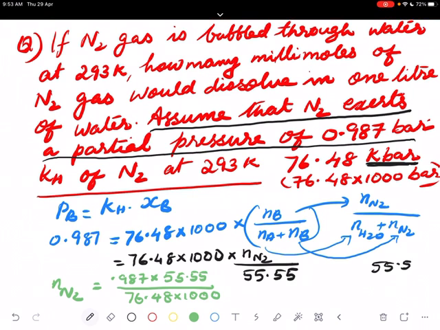And the question is for millimoles. For millimoles, you have to multiply this by 1000. So what you will be getting is 0.716 millimoles. First you find out the number of moles of N2, then you multiply that with 1000, and you will be getting the millimoles.